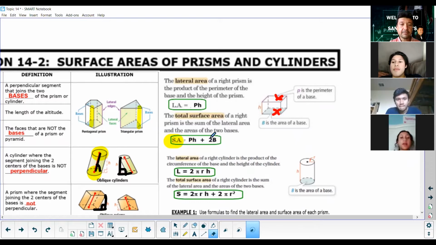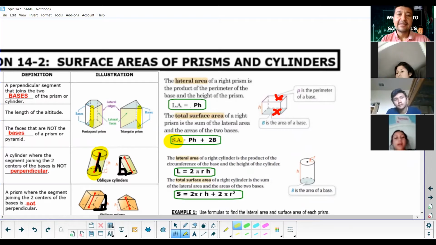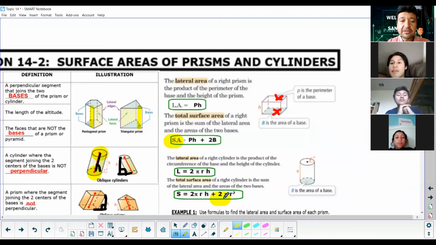Okay. The total surface area of a right cylinder is the sum of the lateral area and the areas of the 2 bases. Yeah, so basically all we're going to do now, and the reason why there's 2 written on here, is because we're given the benefit that the area of a circle is pi r squared, right?